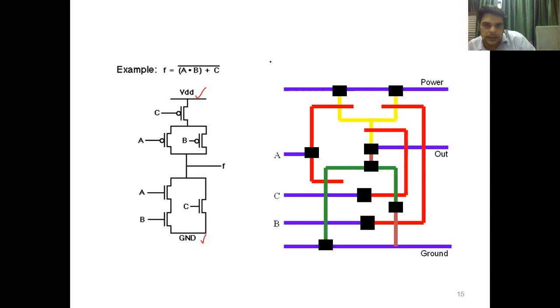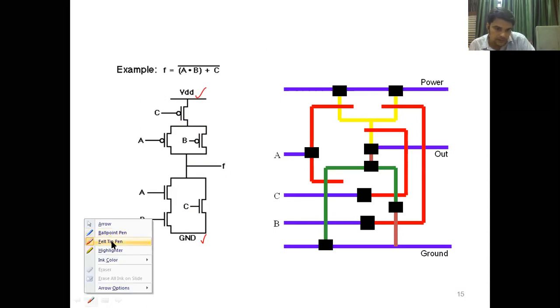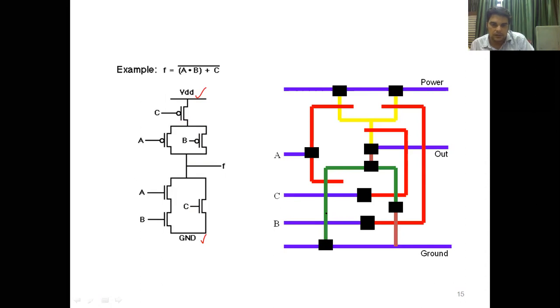So basically, what is happening here is that this is one transistor, and this is another transistor, and this is another transistor.